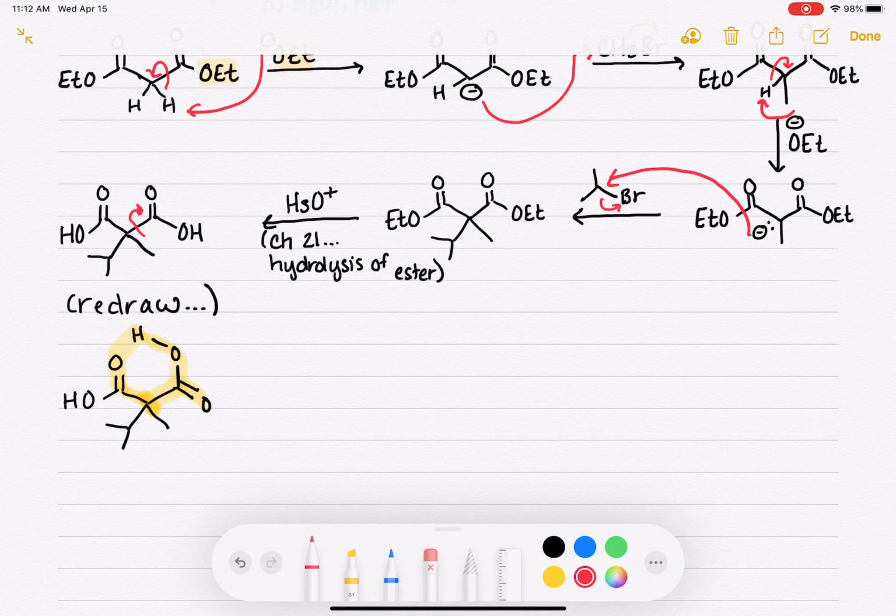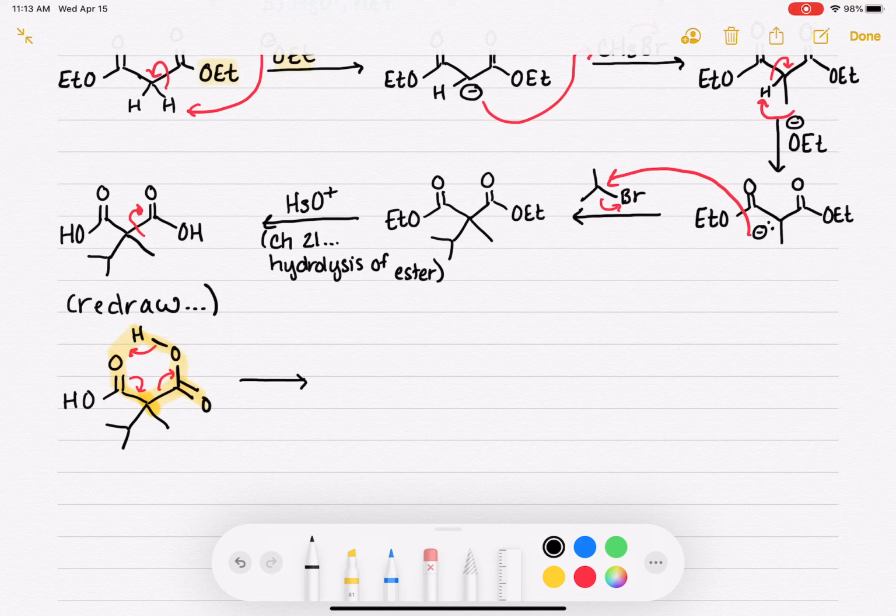Pretending like it's a Diels-Alder, I'm going to start with a bond, and move it clockwise or counterclockwise. It's not going to matter how you move it. Switch to the next bond and move it. Switch to the next bond and move it. So it really looks familiar, a lot like maybe the Cope rearrangement or something like that.